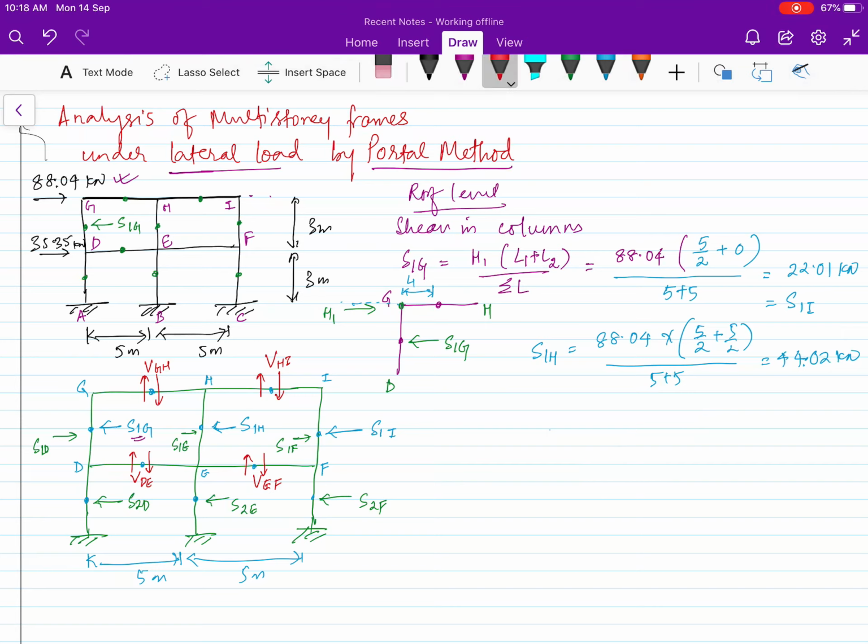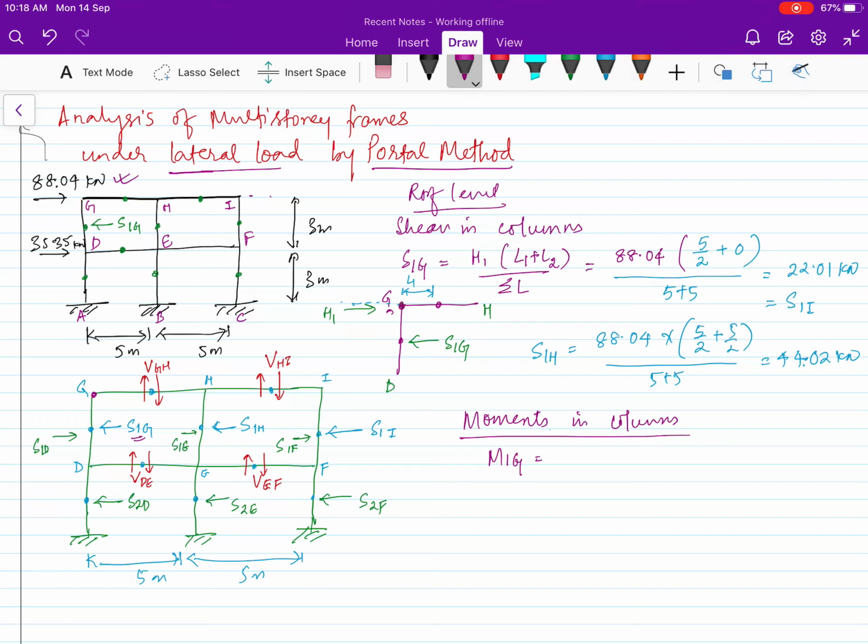Next, we are going to calculate the moment in the column. So now we are in the first level, roof level only. Coming to the moments, let me calculate M1G, that is the moment at point G. What will be the moment in this column?